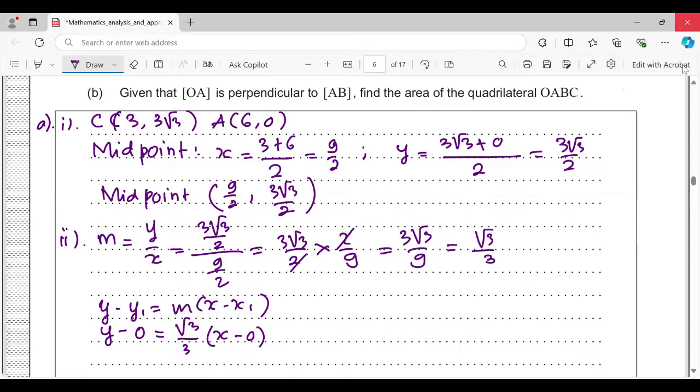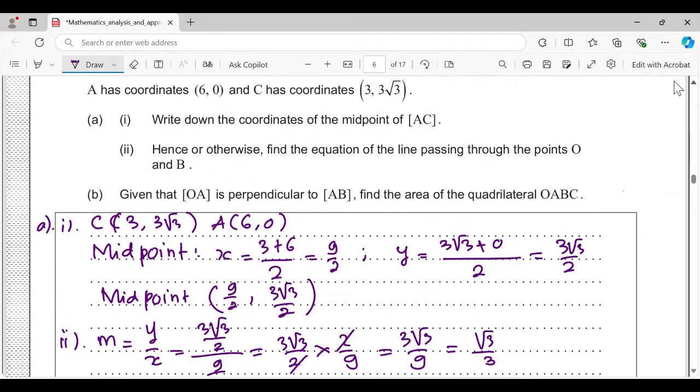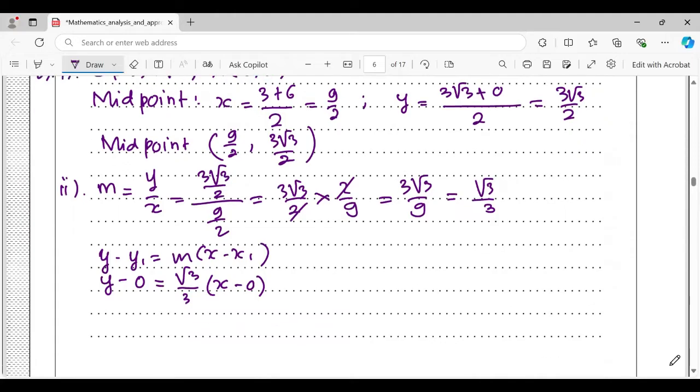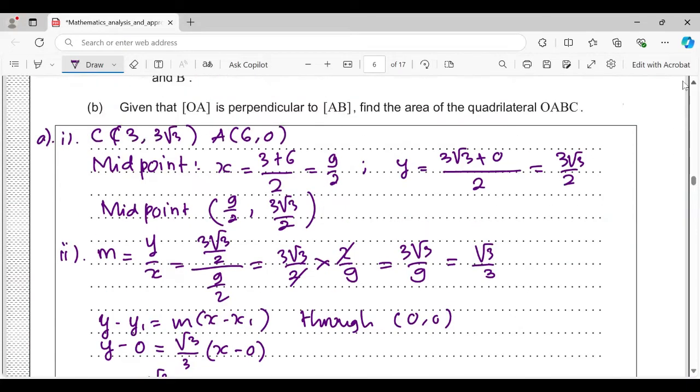Because this straight line goes through the origin, 0, 0 here. So it's going to be y equals square root 3 over 3 x. This is the equation or the function.